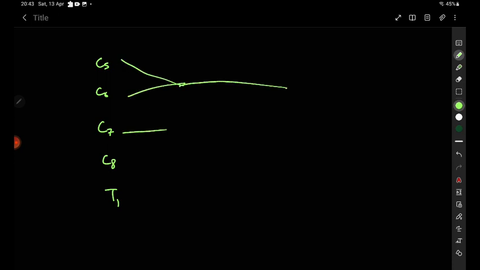Now we will see this in more detail. So there was C5, C6, C7, C8 and T1. So these two formed one trunk, this formed the other trunk, and these two formed the other trunk.